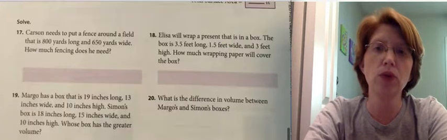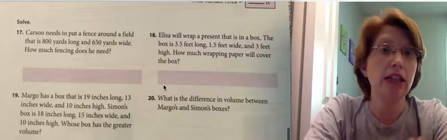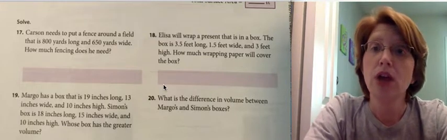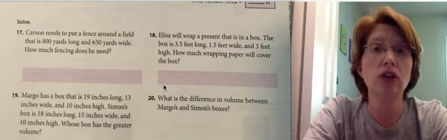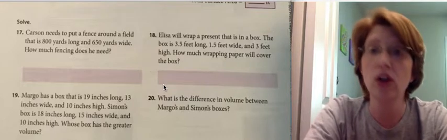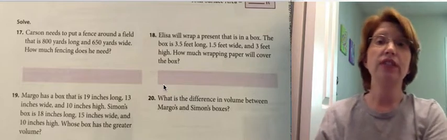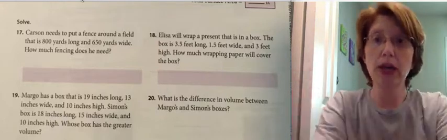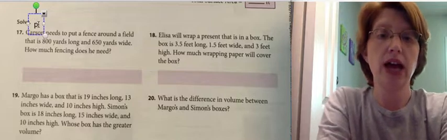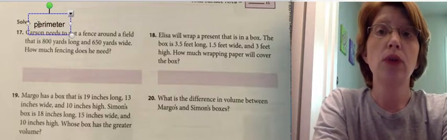Okay, 4 word problems, and then this will finish up this review. Carson needs to put a fence around a field that is 800 yards long and 650 yards wide. How much fencing does he need? So fence, remember, what are we going to find for that? We need to find the perimeter.